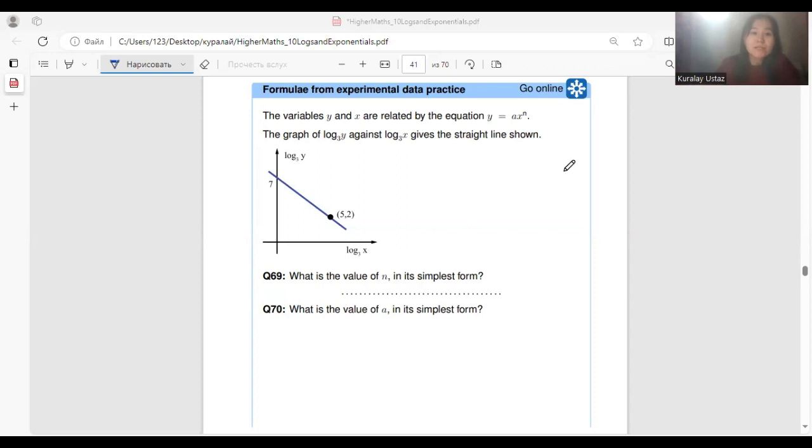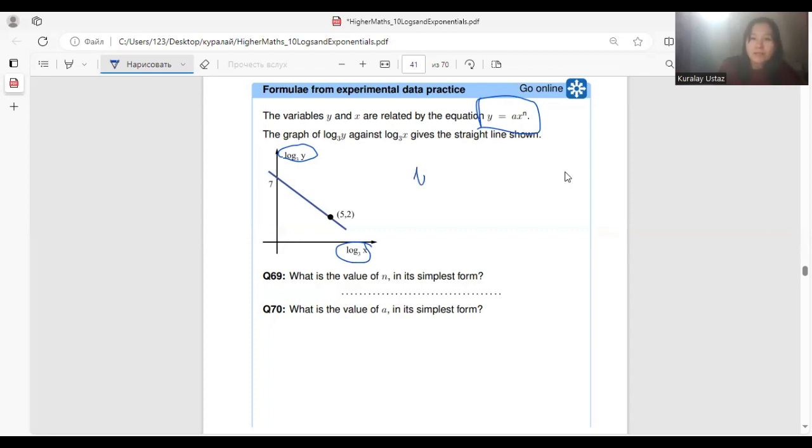Okay, let's do some practice with graphs also. So here, what is given is that y and x are related by this equation, but the graph here is not an x-axis and y-axis. So we need to change this to make it logarithm base 3, and to find the value of n.